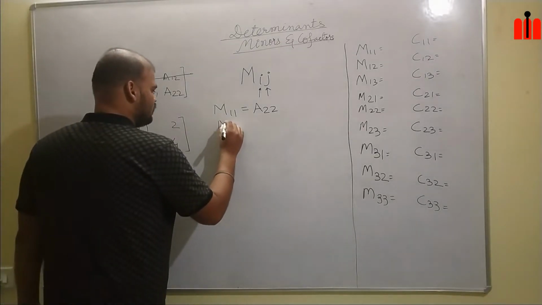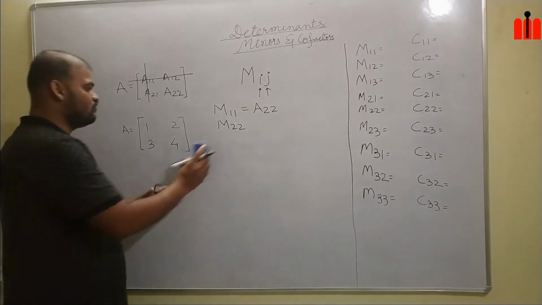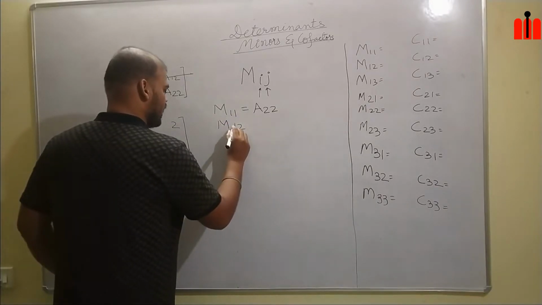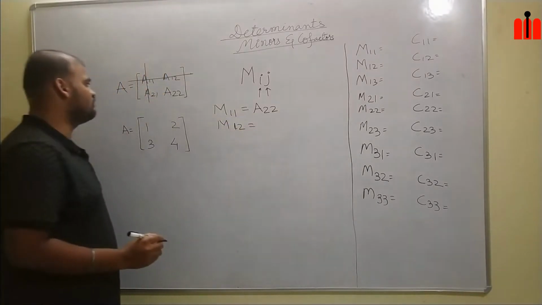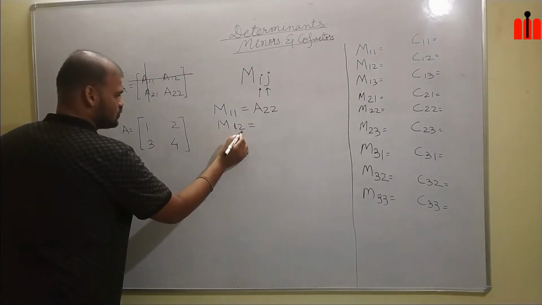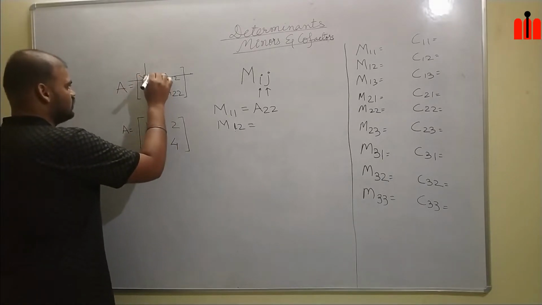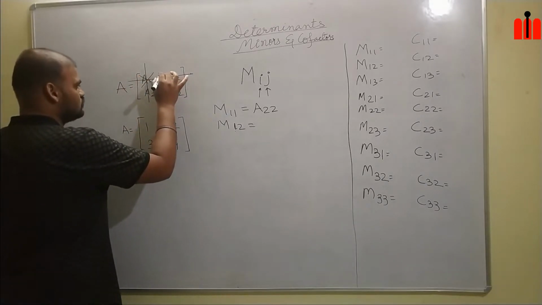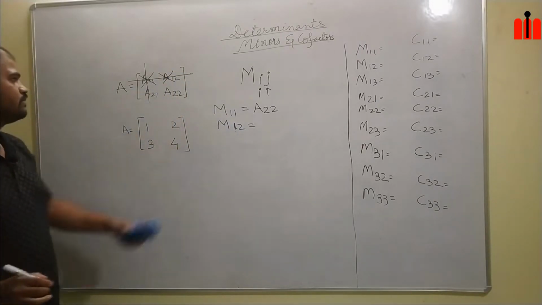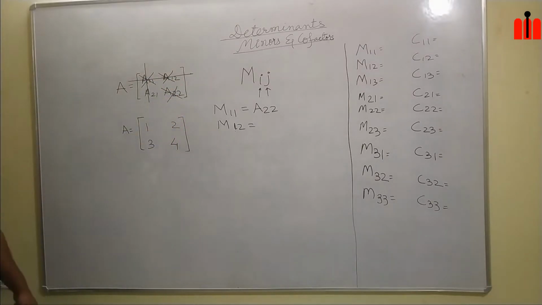Next minor, M12. What will be my minor? I have the first row, second column. The first row I have to cross out, and the second column, this element crossed out, this element crossed out.